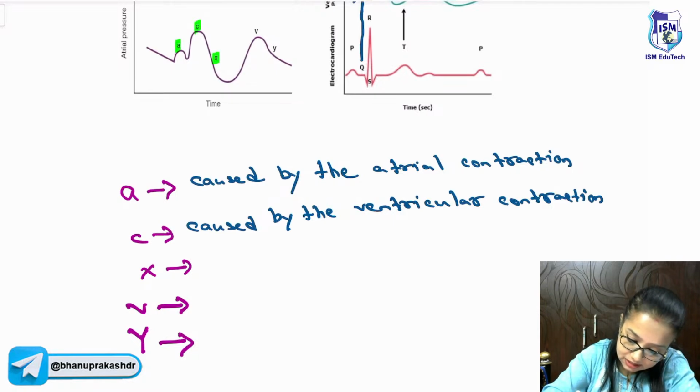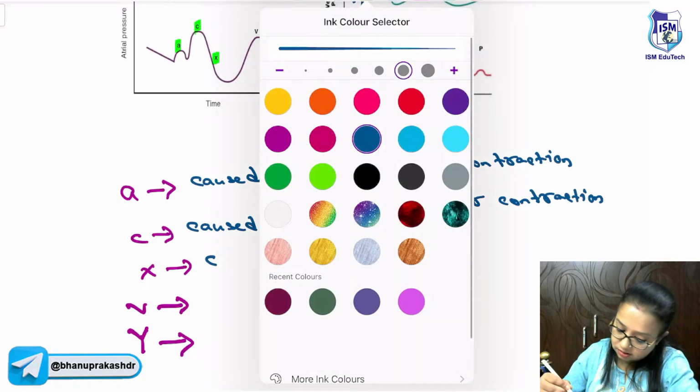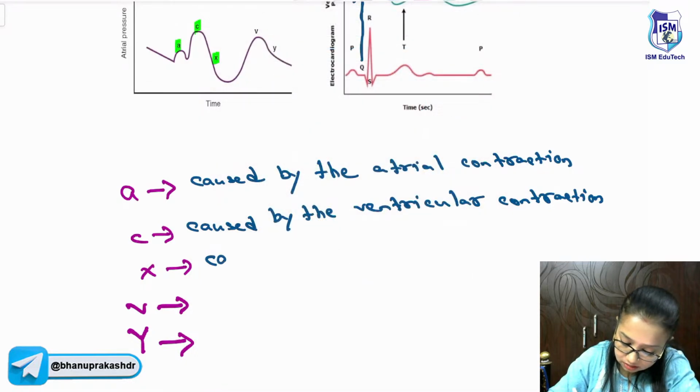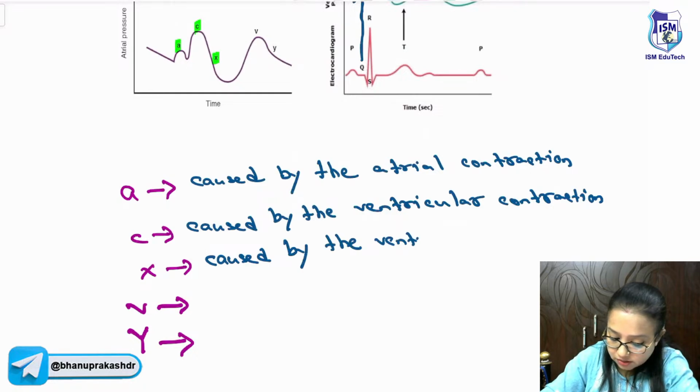Now, the X descent is caused by the ventricular ejection.